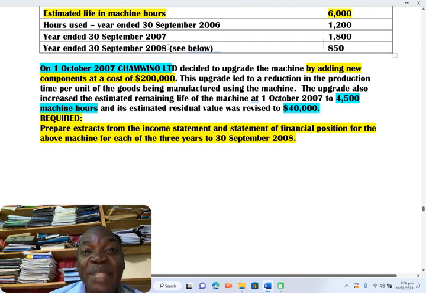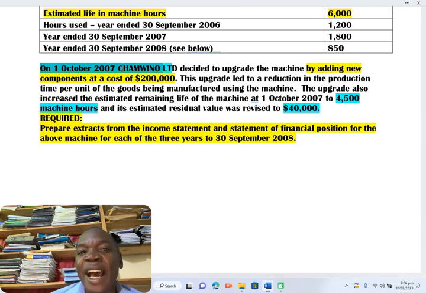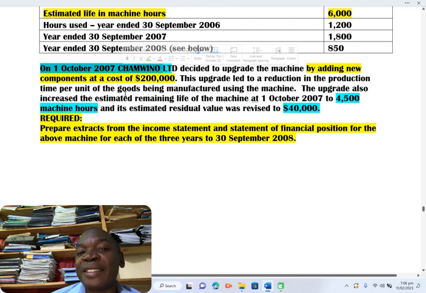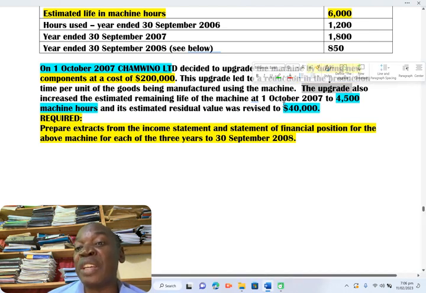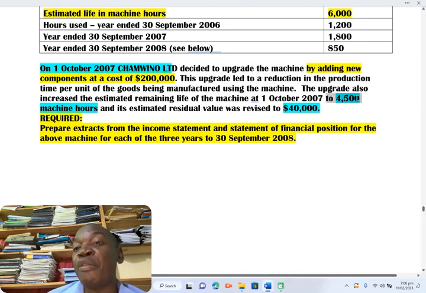He said, because you see below, that's a note. In October 2007, Chamwino decided to upgrade the machine by adding new components at a cost of 200,000. This upgrading led to a reduction in the production time per unit of the good being manufactured using the machine. Upgrading also increased the estimated remaining life of the machine as of October 2007 to 4,500 machine hours.